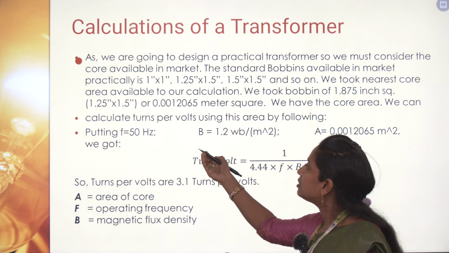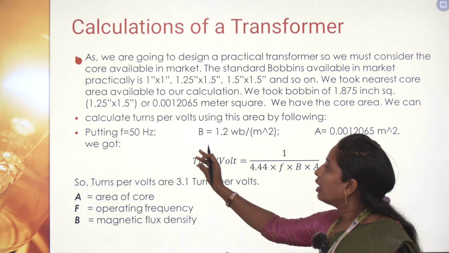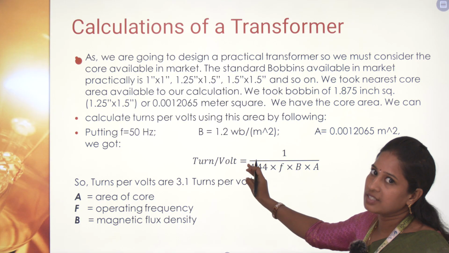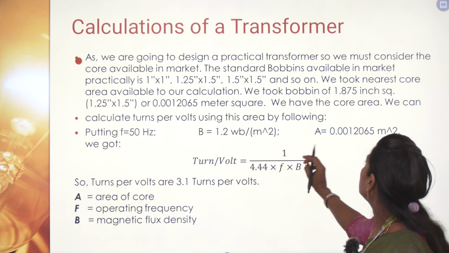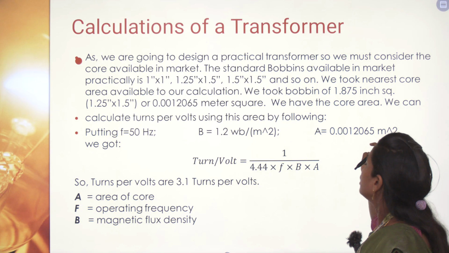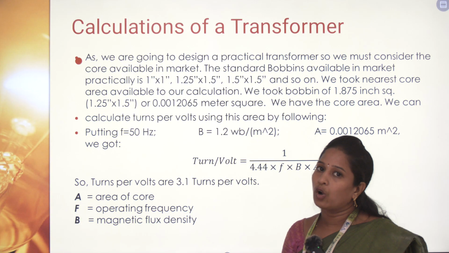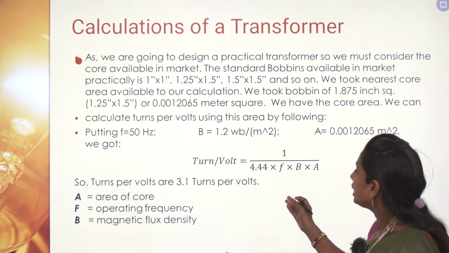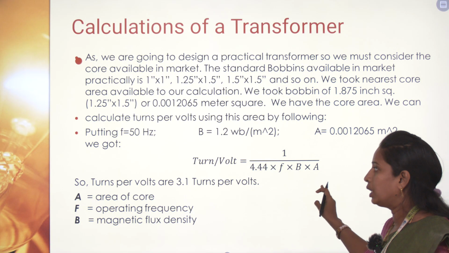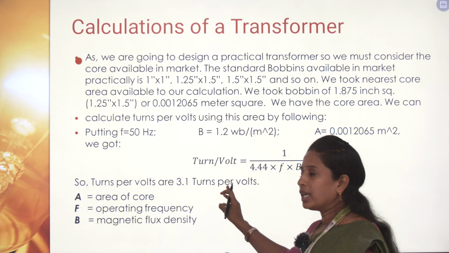We are calculating the turns per volt using the area. Putting frequency as 50 hertz, B the magnetic flux density as 1.2 Weber, and area as 0.012065, we know the formula: turns per volt is equal to 1 by 4.44 into F into B into A. So the turns per volt is 3.1.